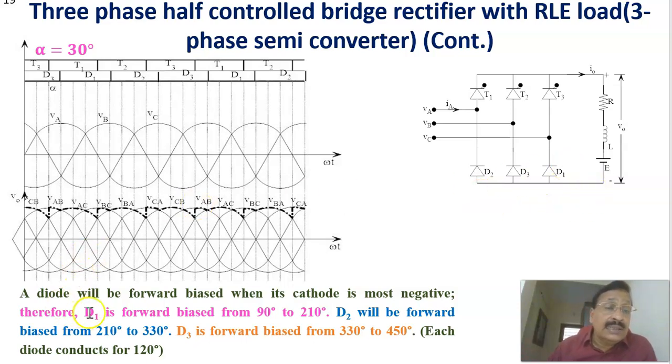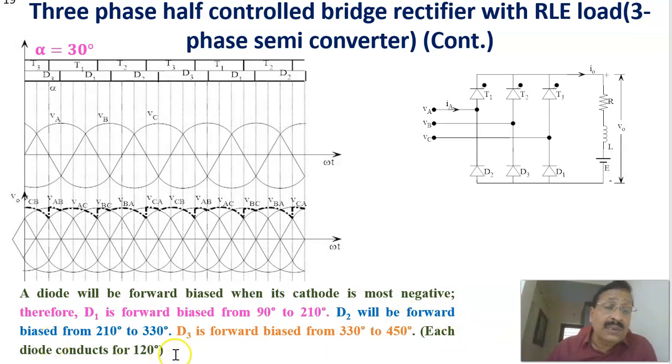A diode will be forward biased when its cathode is most negative. Therefore, D1 is forward biased from 90 to 210, D2 from 210 to 330, and D3 from 330 to 90, that is, 450.